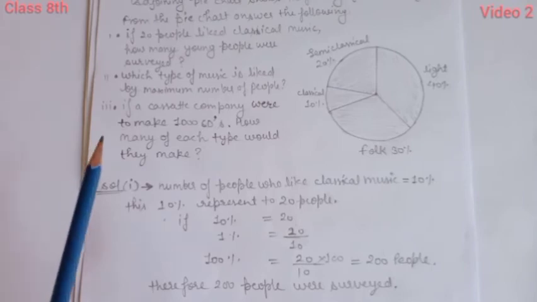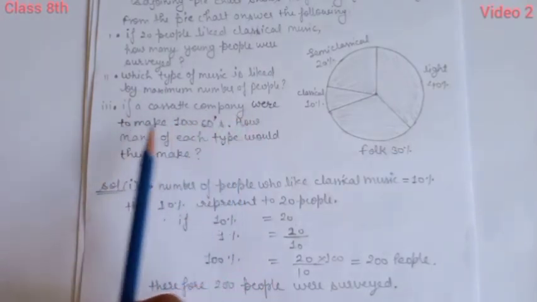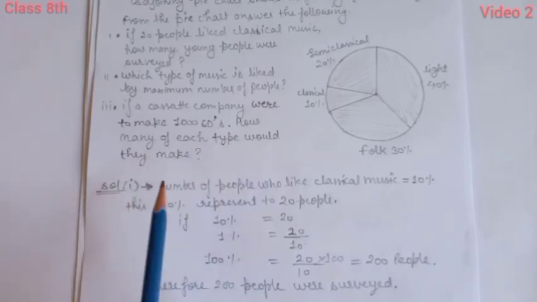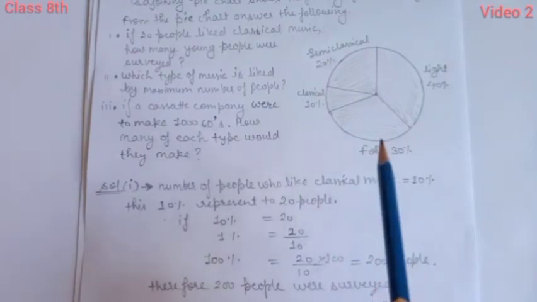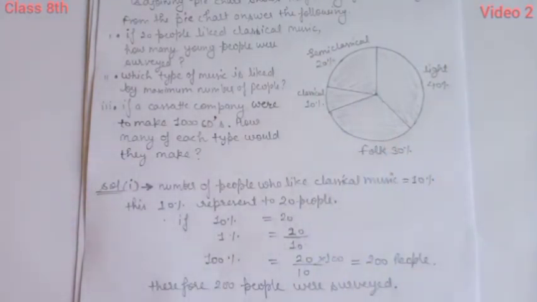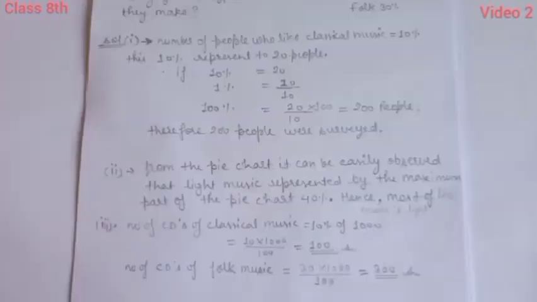Now see the third part. If a cassette company were to make 1000 CDs, how many of each type would they make? Here the overall number of CDs is 1000. We have to find the number of CDs for each type, using the percentages. The number of CDs of classical music is 10% of 1000.